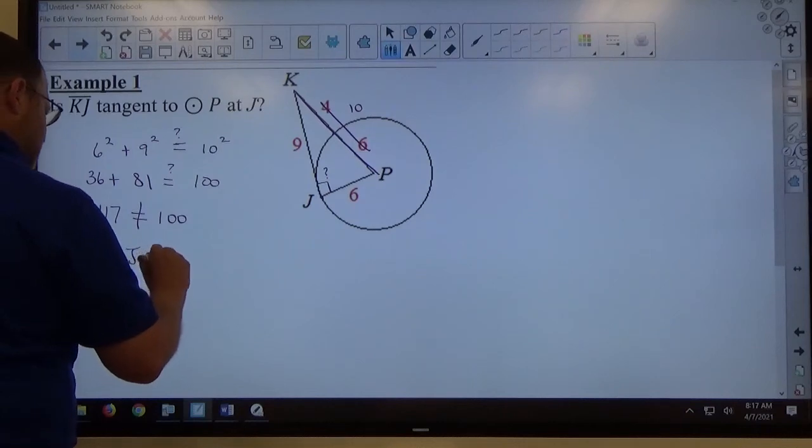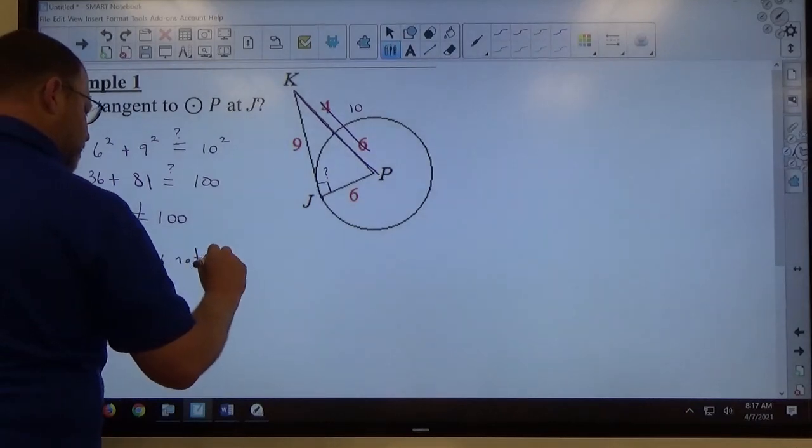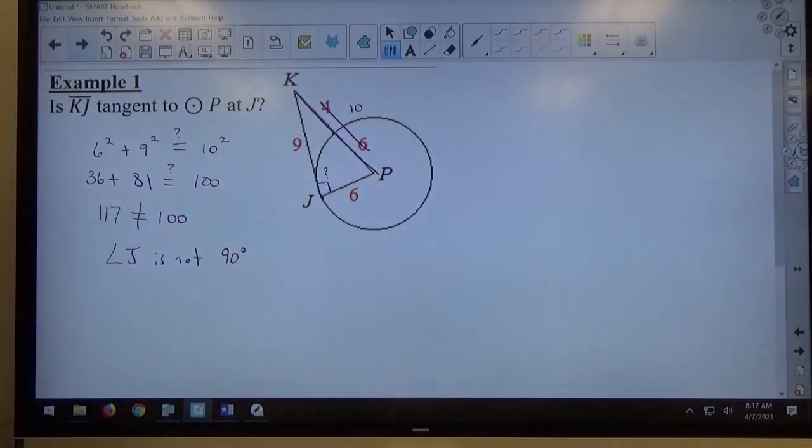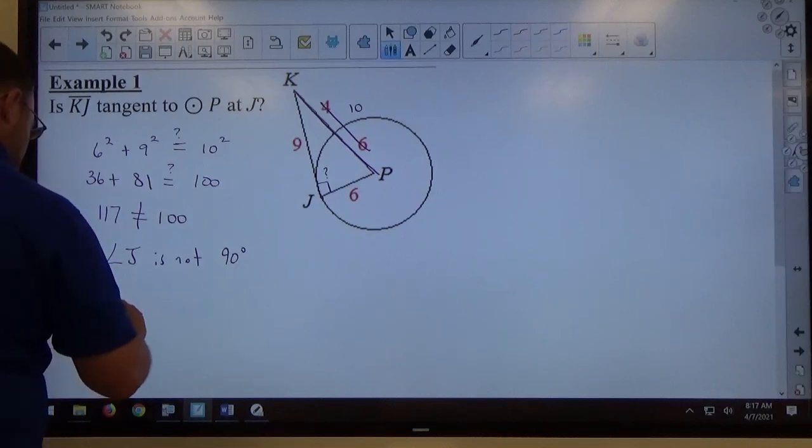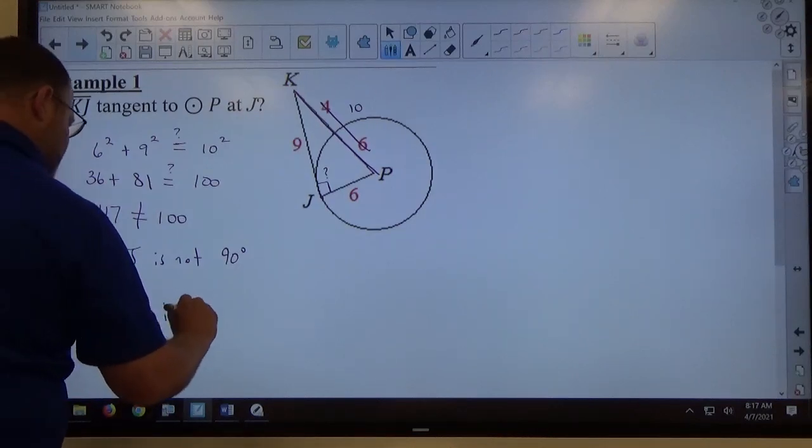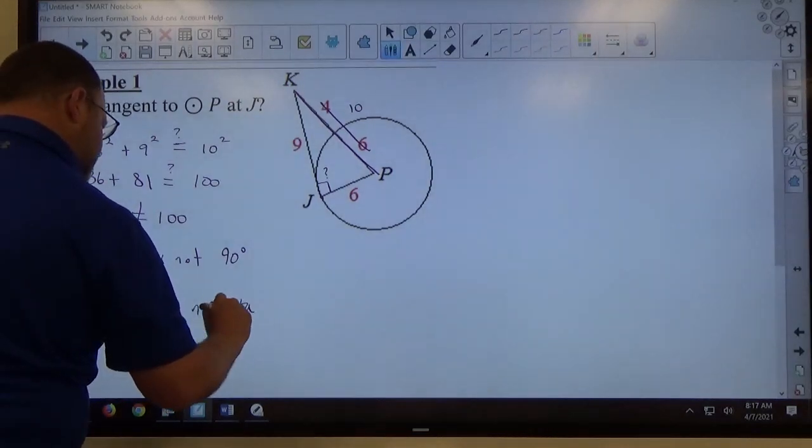Angle J is not 90 degrees. And if J is not 90 degrees, then KJ is not tangent to circle P. KJ is not tangent.